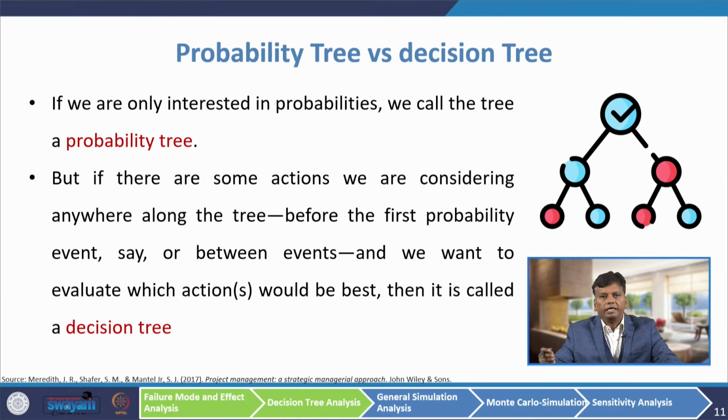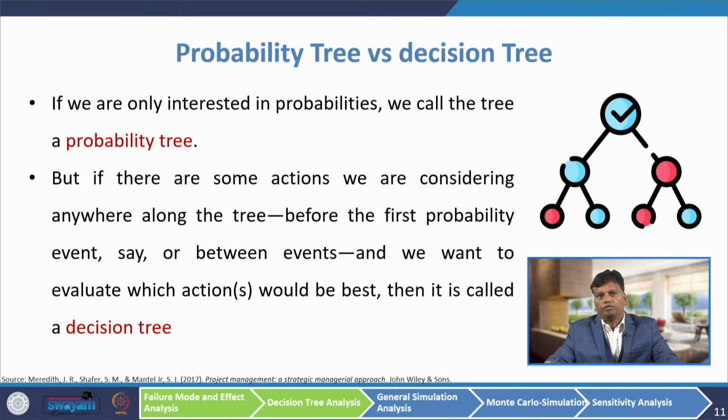If we are only interested in probabilities, we call the tree a probability tree, because our purpose is only to find the probability of getting some event on each trial. But if there are some actions we are considering anywhere along the tree, before the first probability event or between the events, and we want to evaluate which actions would be the best, then it is called a decision tree.